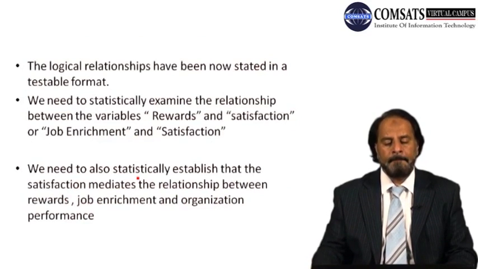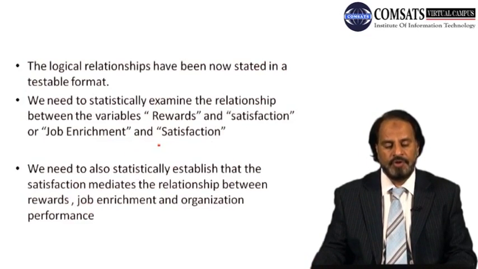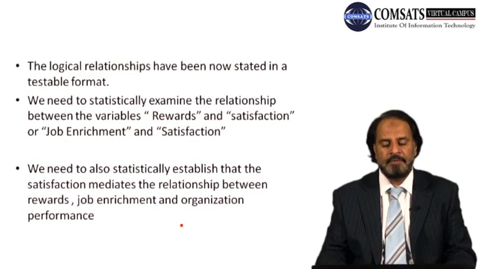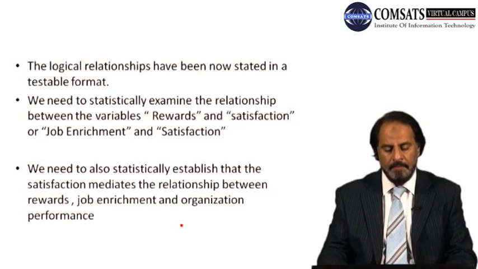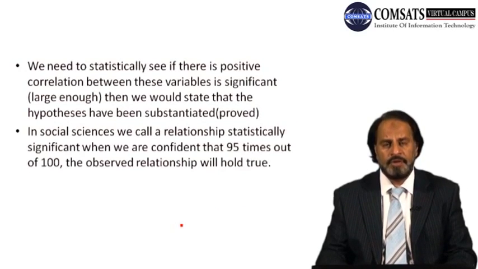So once we have stated these relationships logically, we need to establish the link between them in a statistical manner. We need to establish that the relationship between these variables exists through some statistical technique. We also need to identify if the relationship is of a positive nature or a negative nature.